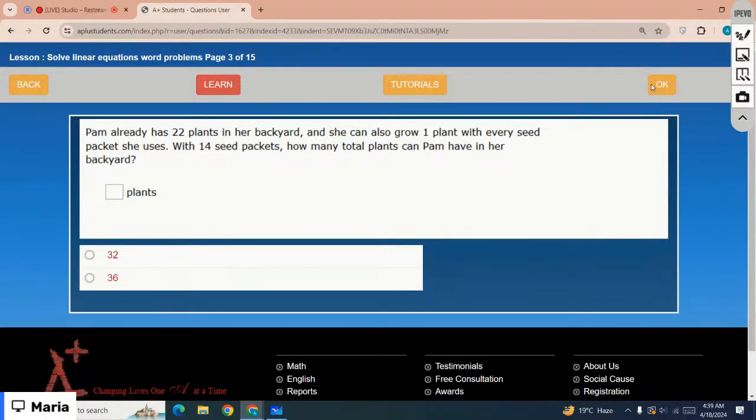The correct option is 36. It is right. 36 plants you can make.